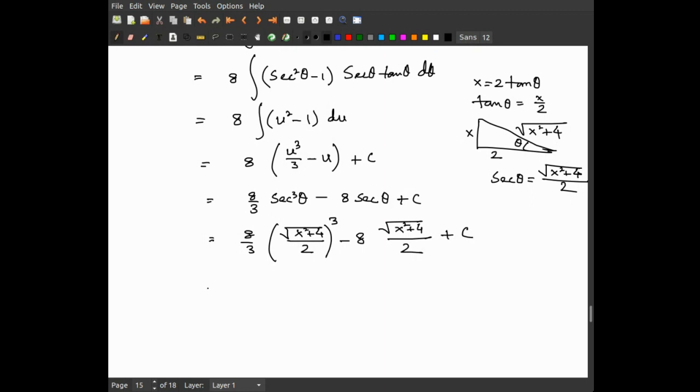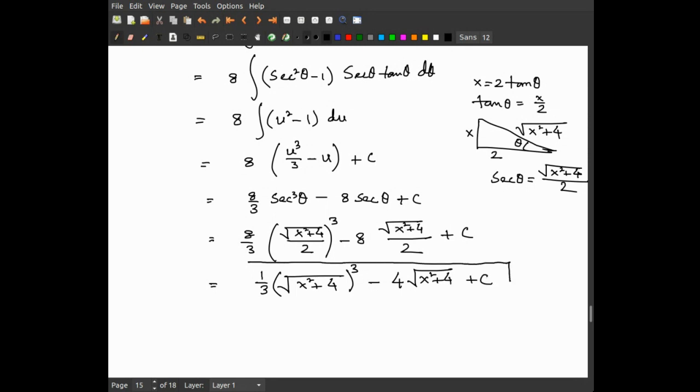We can do a little more simplification: 8 and 2 cubed, that would also be 8, so this would be only 1/3 times x squared plus 4 to the three halves, and here 8 and 2 are cancelled, so that would be 4 square root of x squared plus 4 plus c. And that would be the final answer for this problem.